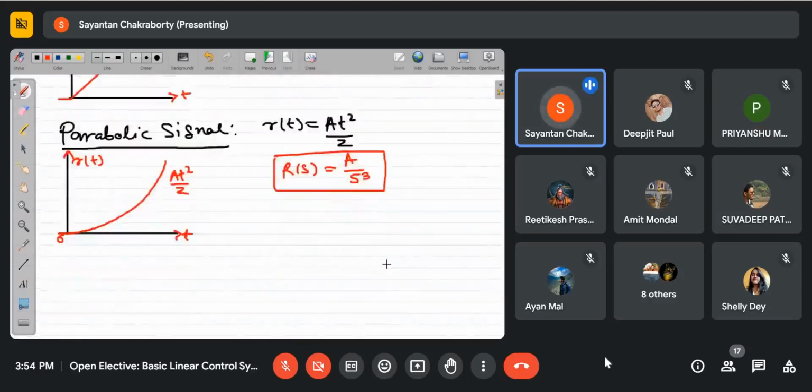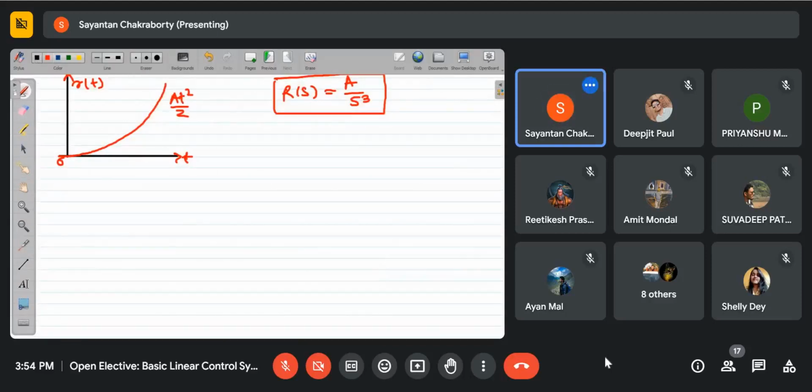And finally, last but not the least, the impulse signal.